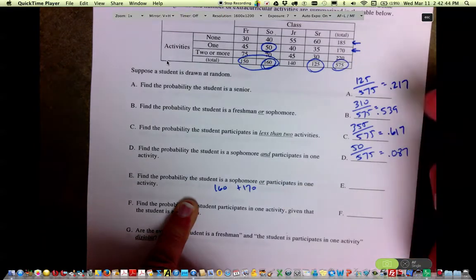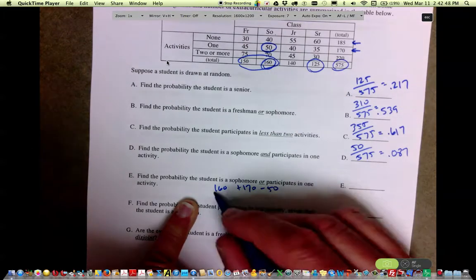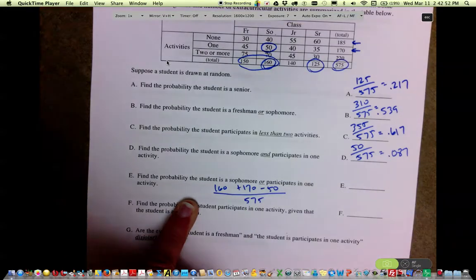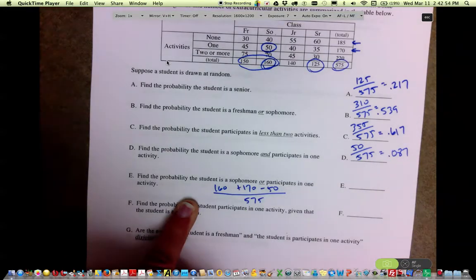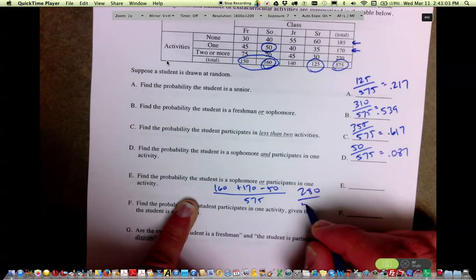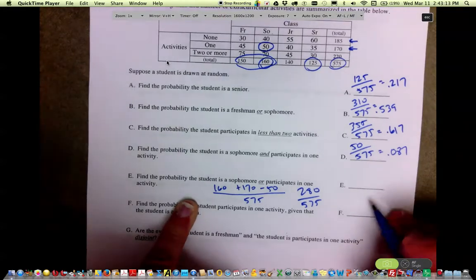Now the problem is that we've counted 50 of those twice, so we're going to subtract 50 of those and then take that out of 575. So 160 plus 170 minus 50 gives me 280 out of 575, and that is about 48.7%.